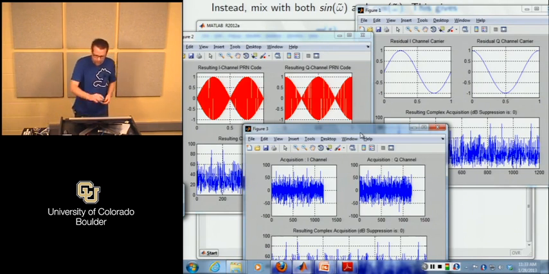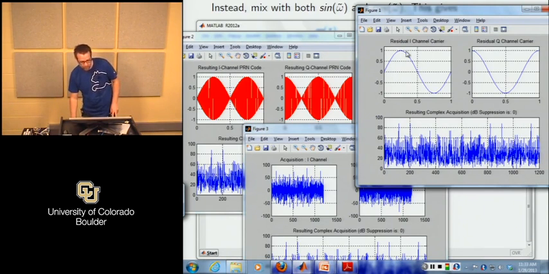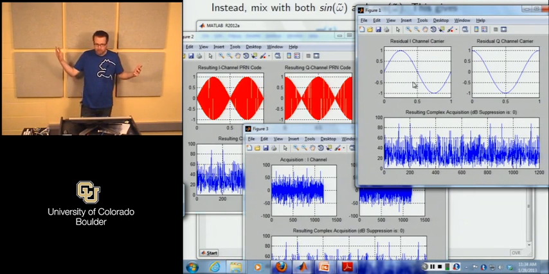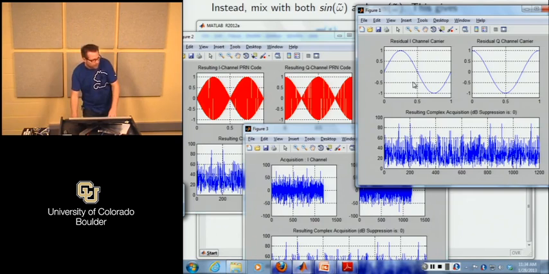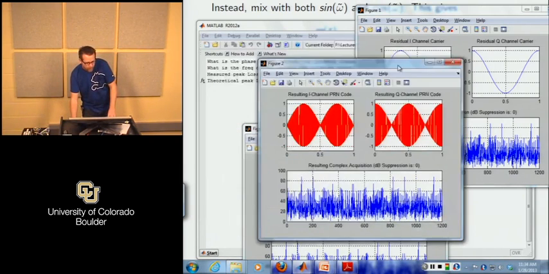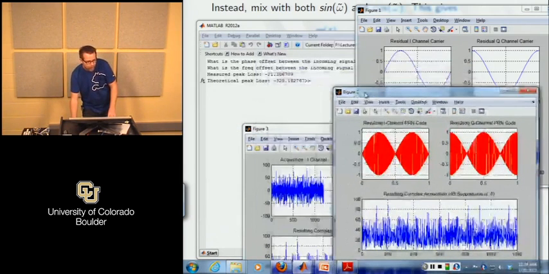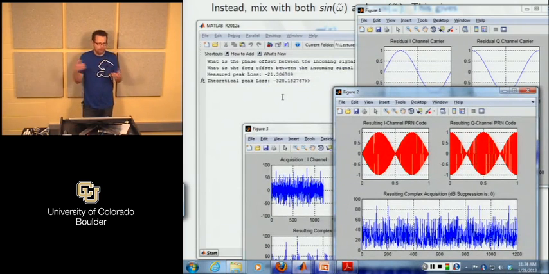Which is exactly what we do. If you look at this one right here, we multiply this with a code, but let's just look at this. If we integrate this, we get 0. Integrate the other one, we also get 0. Doesn't work, right? And this was 1,000 hertz, which corresponds to a full period in a 1 millisecond window.